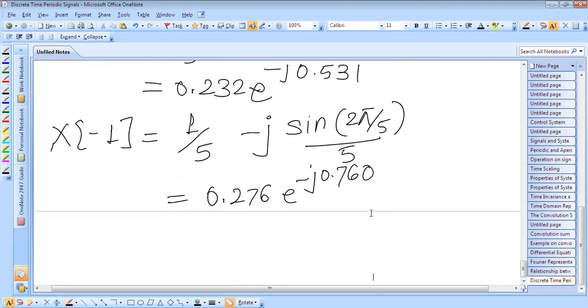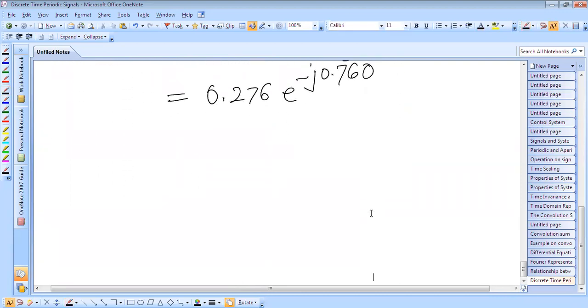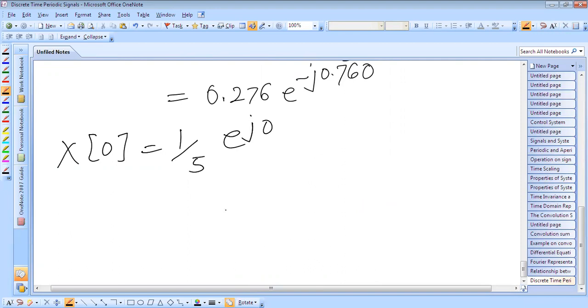Then x of 0, x of 0 it is 1 by 5 and e raised to power j 0. This is equal to 0.2 e raised to power j 0, and this is x of 1.